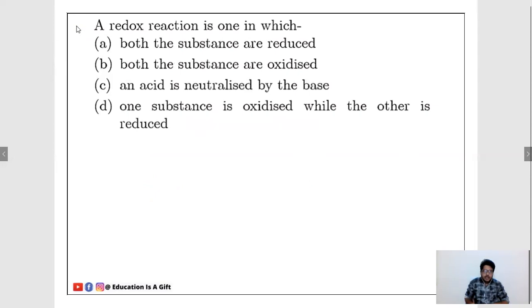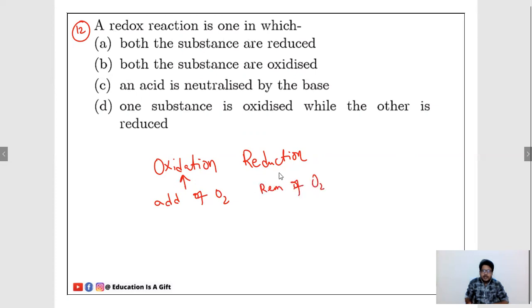Next, question number 12. A redox reaction is one in which we know oxidation and we know reduction. In any equation, if there is any addition of oxygen, we can call it oxidation, or removal of oxygen is known as reduction. But if you find both addition and removal, that will come under redox.